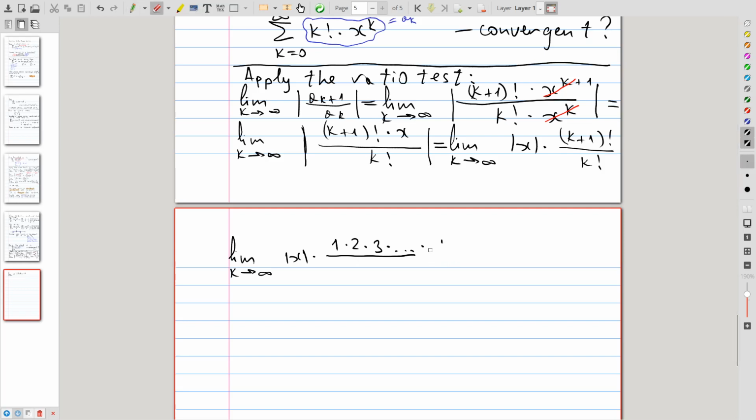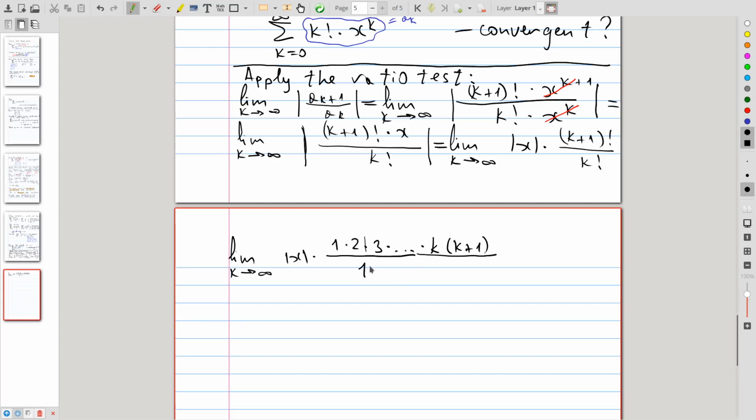So let's write in k. We have k and then times k plus 1. And in the denominator, I have k factorial. So that would be the product of all the positive integers starting from 1 and going all the way up to k.